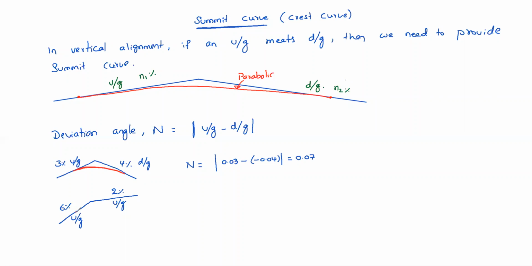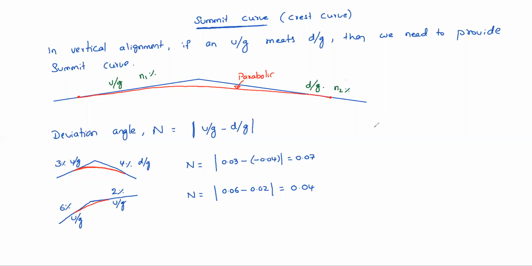Here also you get a summit curve like this. So here the deviation angle is n equals the modulus of 0.06 minus 0.02, since the second one is also an upgradient. So the deviation angle n is 0.04.